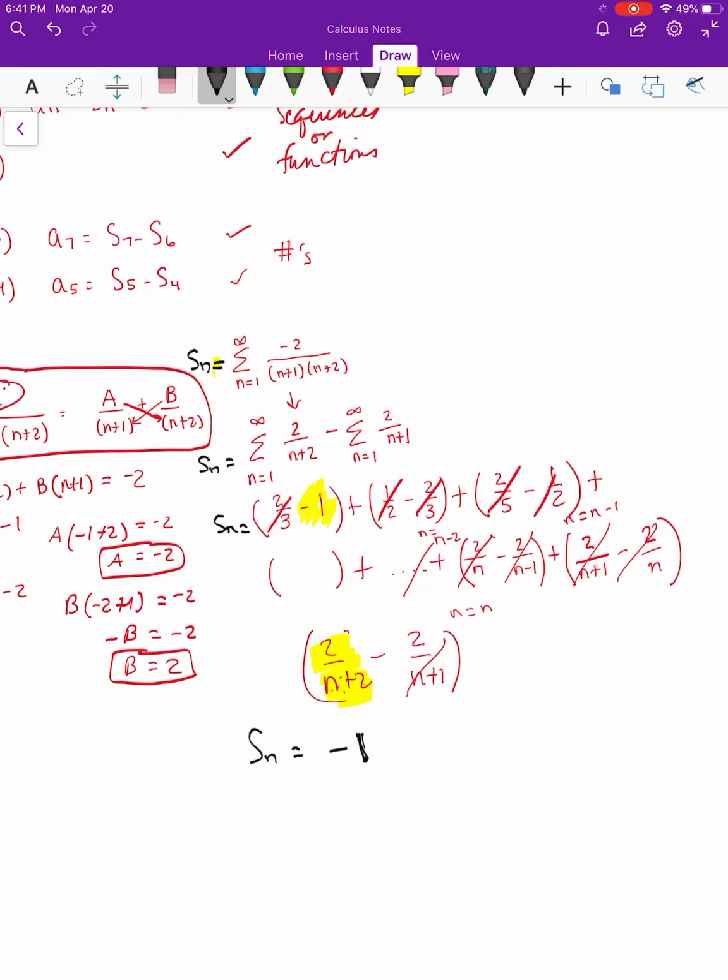Okay? And by the way, every single time that you are calculating this, this is your S sub n. Our S sub n is now going to boil down to negative 1 plus 2 over n plus 2.